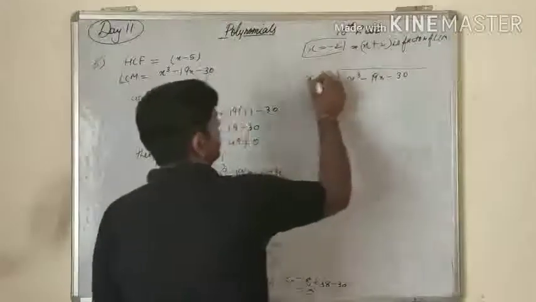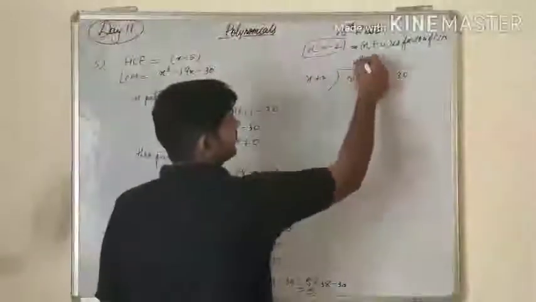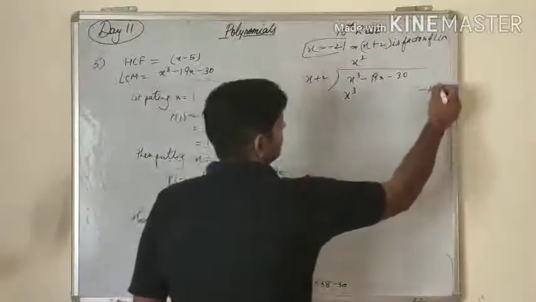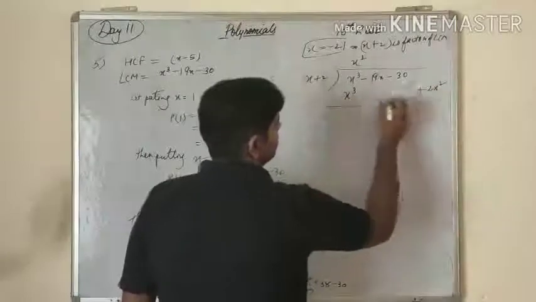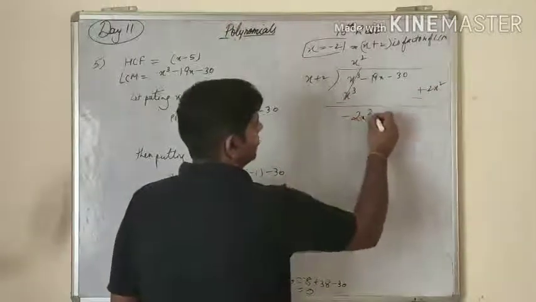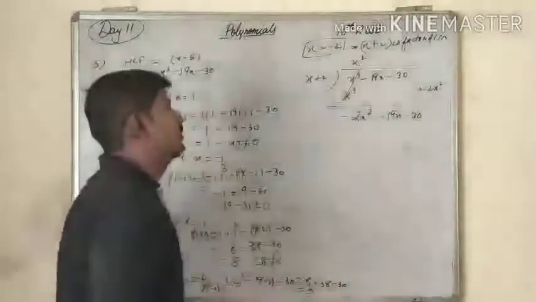We will divide by x plus 2. If we divide by x, there will be x square. So it is x cube and 2x square we will get positive. If we subtract, it is cancelled. This negative 2x square we will write and 19x afterwards. If we divide this, we will get minus 2x.